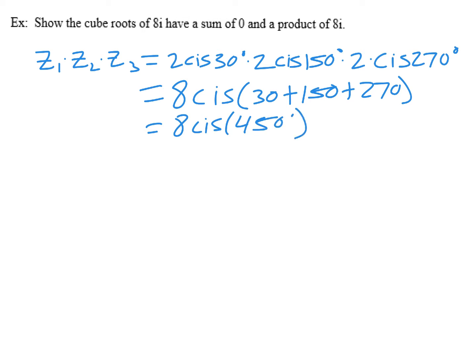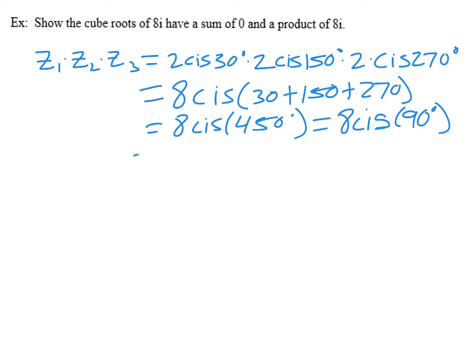Those all add up to 450, but if I were to take away 360, I would get 8 cis 90, which hopefully looks familiar because when we converted our original complex number in the first place, that's what we got, was 8 cis 90.